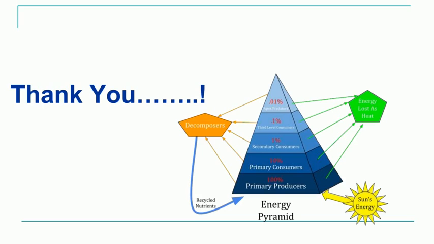In the last part we studied the limitations of these ecological pyramids, the significance of these pyramids, and finally the energy flow in an ecosystem, where the sun is the ultimate source of energy, and we studied the two laws of thermodynamics which are responsible for the energy flow in an ecosystem, which state that most of the energy is lost and only 10% energy is transferred from one trophic level to the next trophic level. So with this we conclude today's lecture on ecological pyramids.